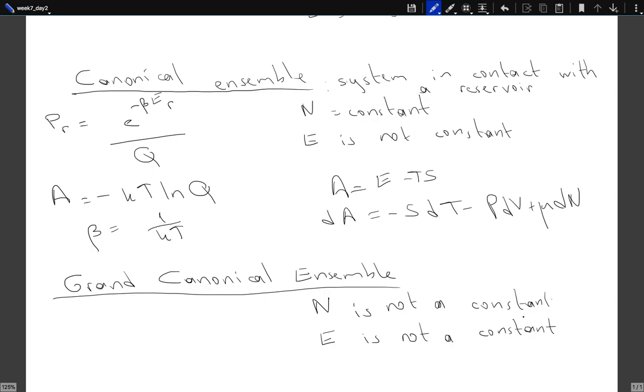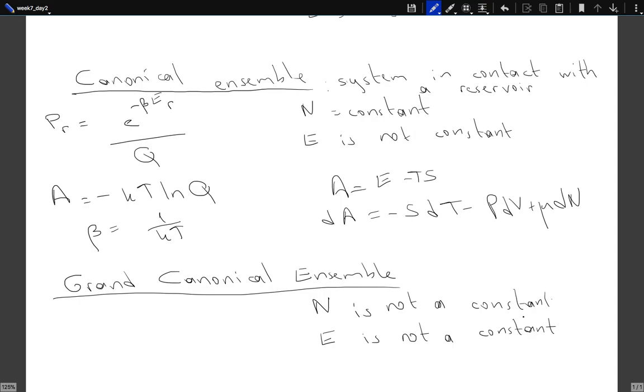Now, again, we will be asking more or less the same question as in the case of the canonical ensemble. You see, in the canonical ensemble, the first thing we asked was, what is the probability that my system will be in a microstate with a given energy? That was what that P_R is.